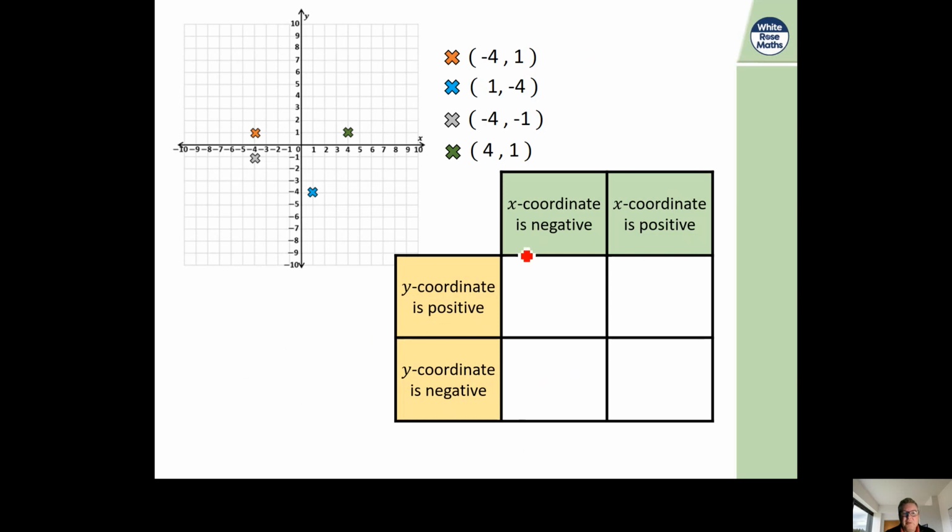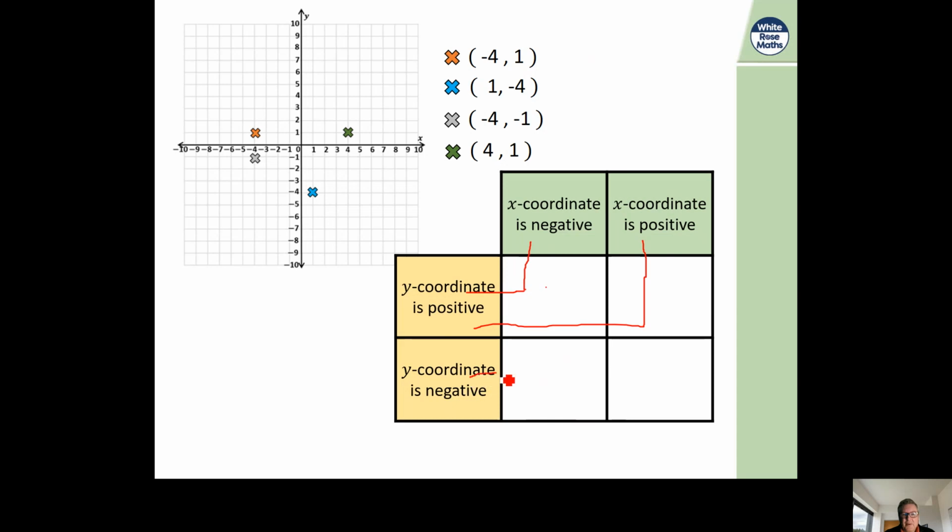Do you remember what this diagram is called? Yeah, that's right. It's called a Carroll diagram. So this point here, we're looking at the x coordinate is negative and the y coordinate is positive. In this one here, we've got x coordinate is positive and the y coordinate is positive.